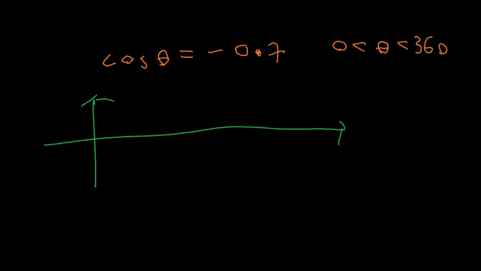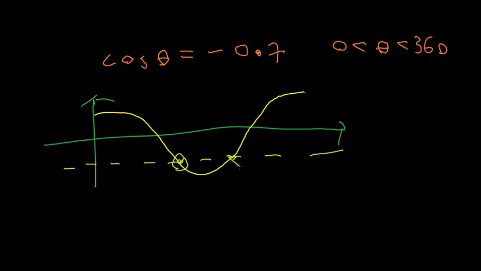You can remember what it looks like by now. Just like this. Now I want to find where cos theta is minus 0.7. So I can do that by drawing in a line where minus 0.7 would be. I notice it goes through two values, here and here.